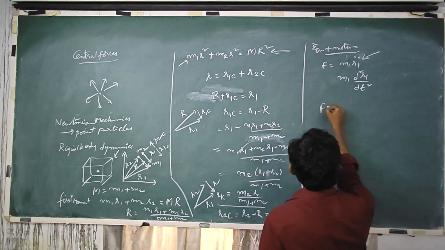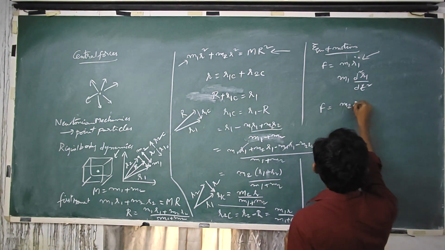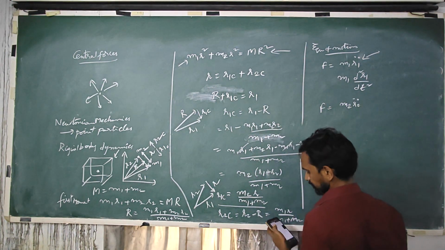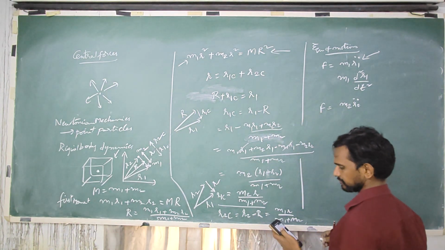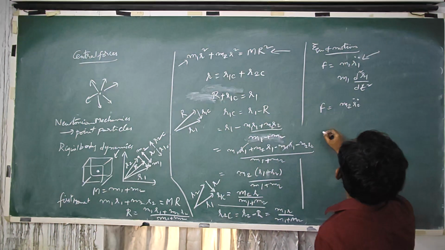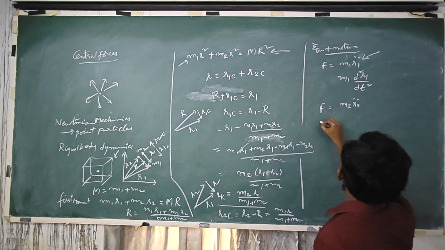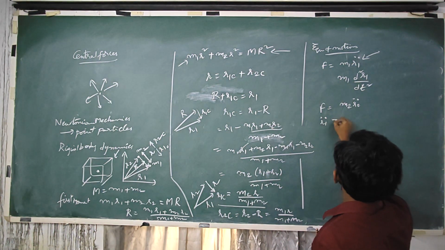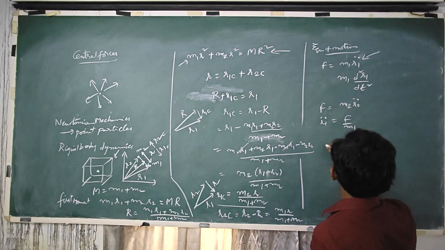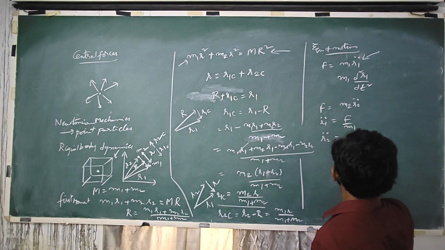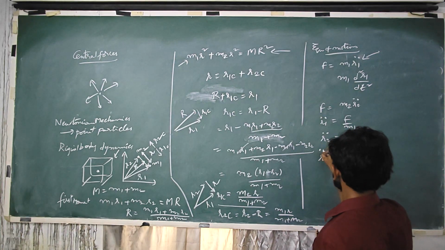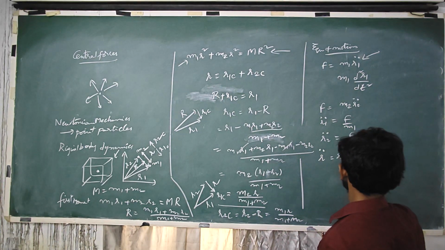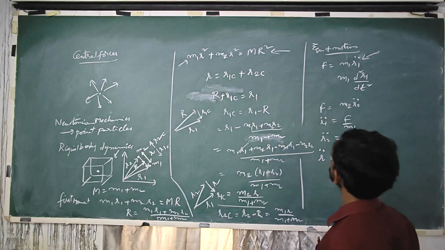So they are the force equations. And from this, R1 double dot is F by M1, R2 double dot is F by M2, and R double dot is R1 double dot minus R2 double dot.